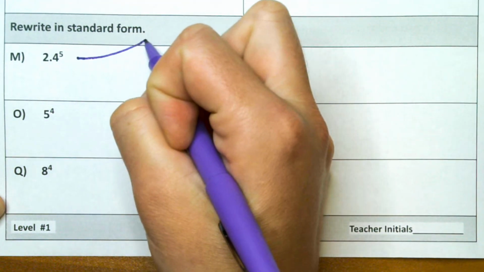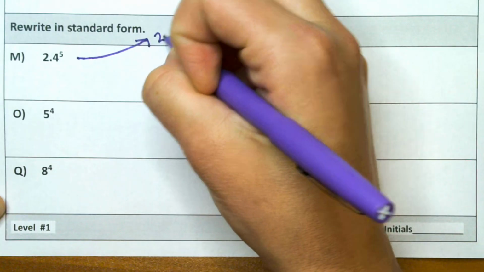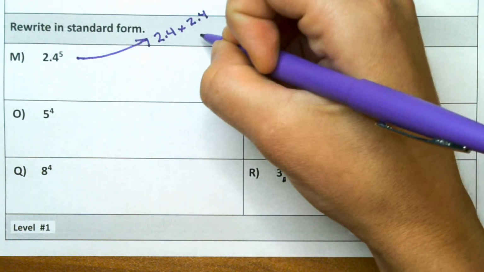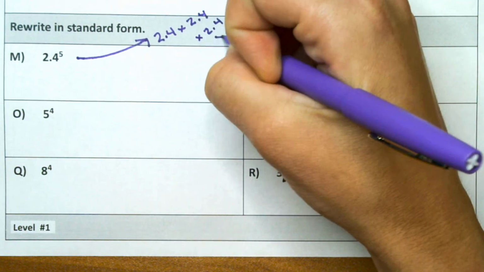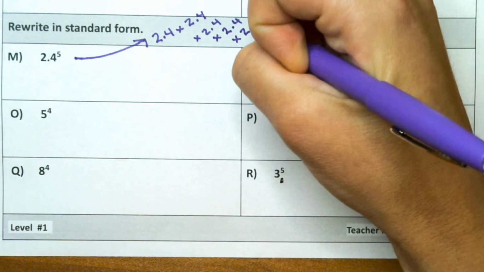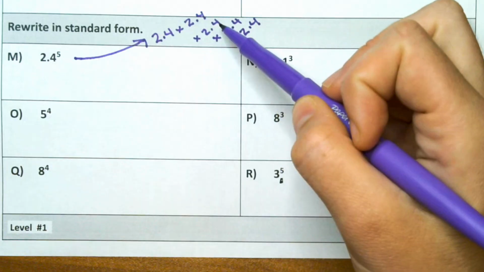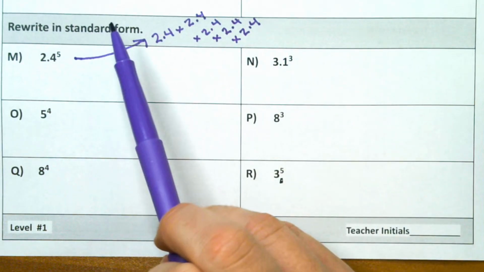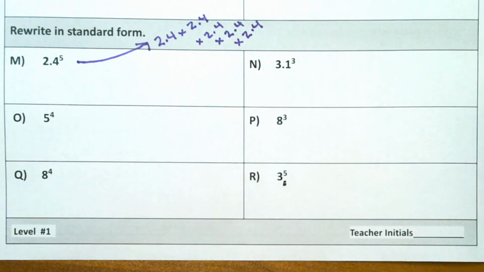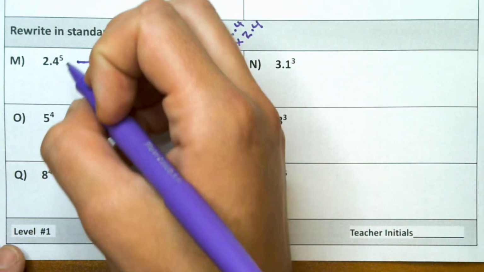Okay, so in your calculator, you're going to plug in 2.4 times 2.4 times 2.4. You don't have to write this, but I'm writing it out in expanded form to help you. 1, 2, 3, 4, 5. Great. So when you plug this in your calculator, you'll get a long decimal. And let's go ahead and write that.